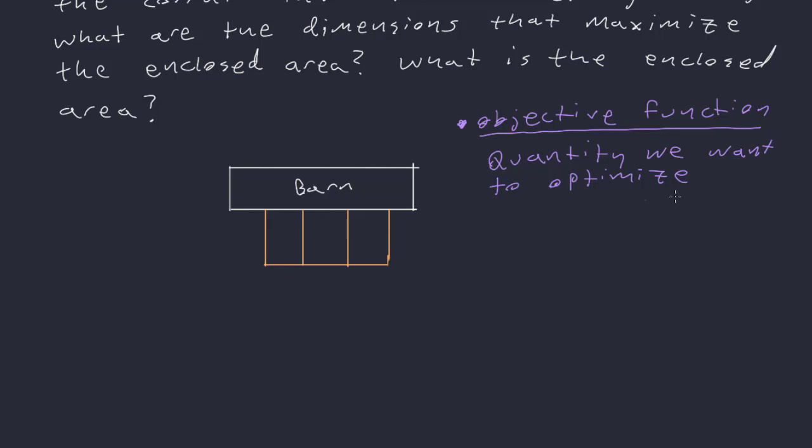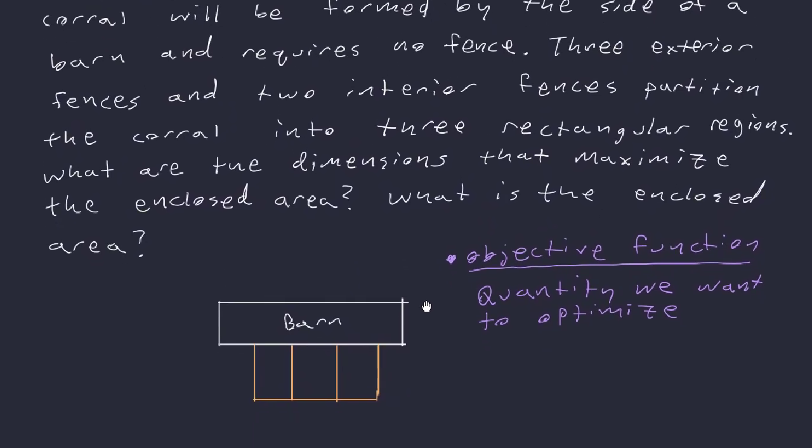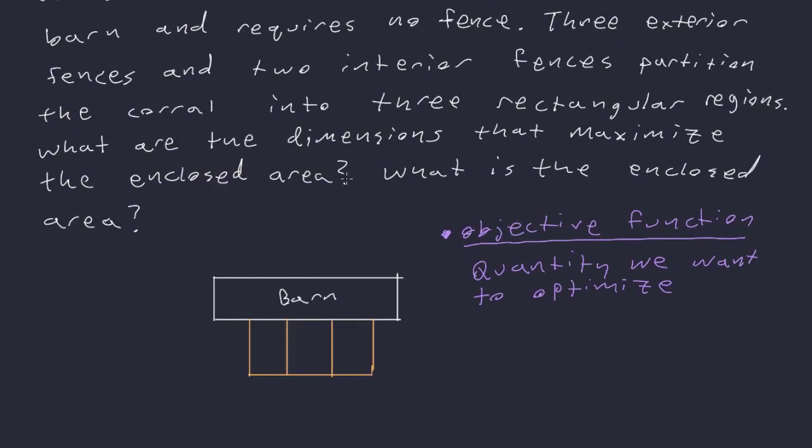The quantity that we want to optimize in this case is the area. We want to find the dimensions that maximize the enclosed area.